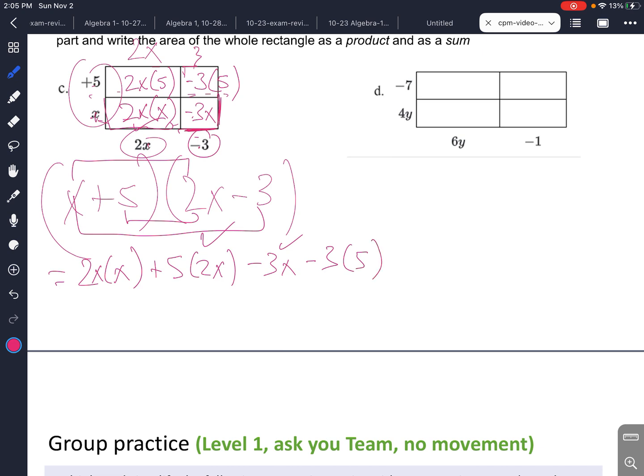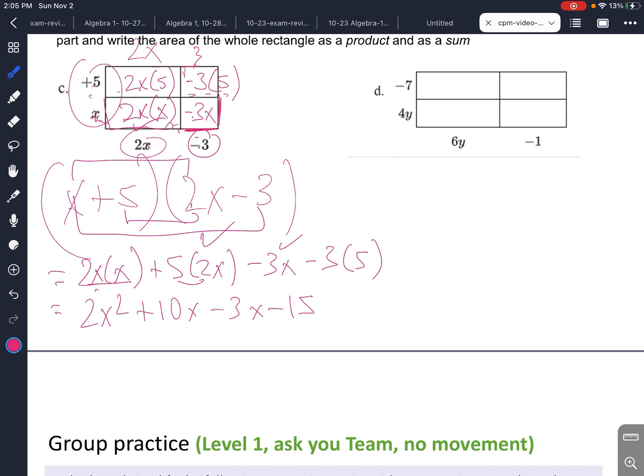All right, so what did I get? X times x is x squared. It's 2x squared. 5 times 2 gives me 10x. And -3x and -15. Okay? We'll go back and double check that. So I got x times 2x, 2x squared.